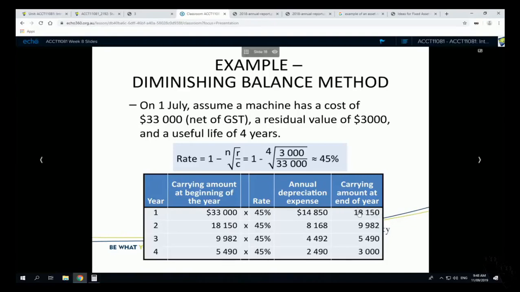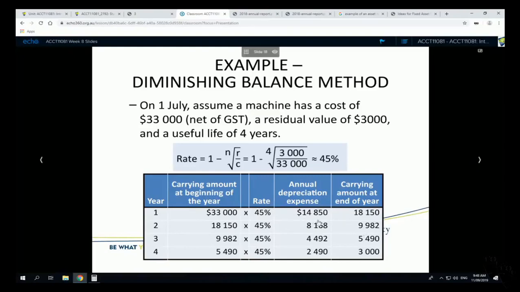Okay, so now it's this reduced value or this diminished balance that we are now going to apply that 45% to for the next year. Okay, so you notice the reduced value is what we start with here. Multiply that by the 45% and that gives us the depreciation for the second year.